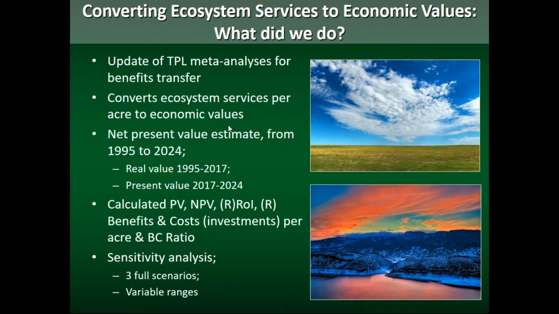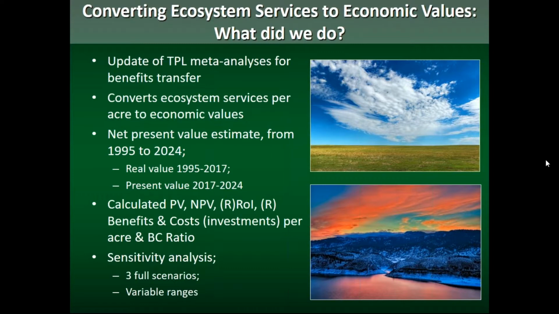So we've got a variety of financial calculations that help to make this case. We looked at the present value, the net present value, the real return on investment, so not the nominal, but the real, and the real benefits and costs of these investments per acre, and did a benefit cost ratio. Each of these resonate in different ways to different kinds of decision makers, so we decided to do as many of the financial analyses as we were able to do.